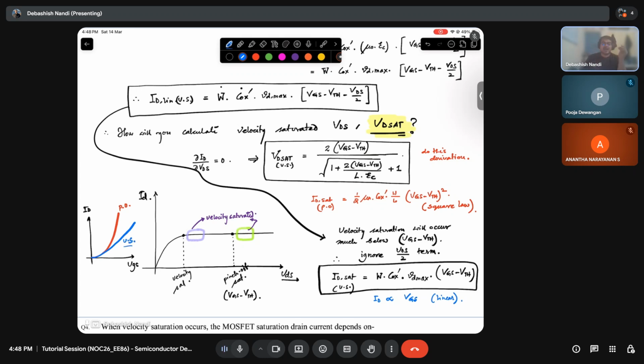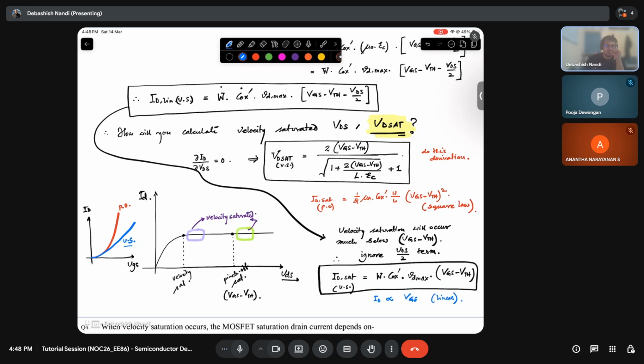Okay. So as soon as you see your ID-VG characteristics to be linear with respect to VGS in strong inversion, you know that your device is velocity saturated. Is that clear?